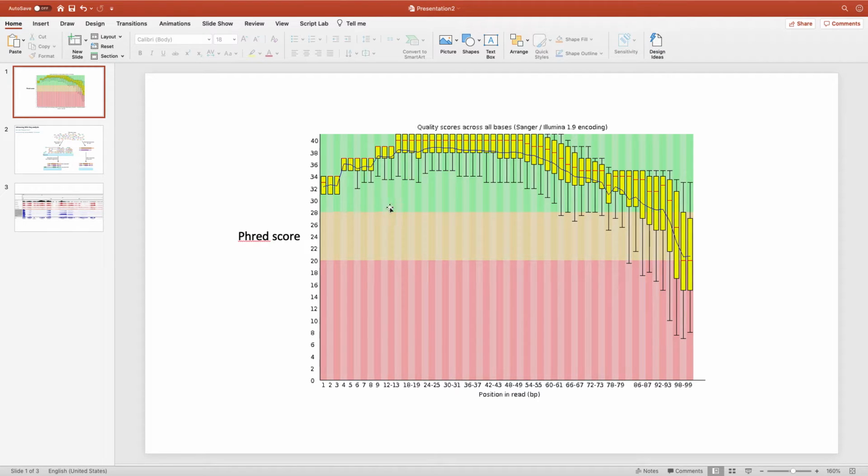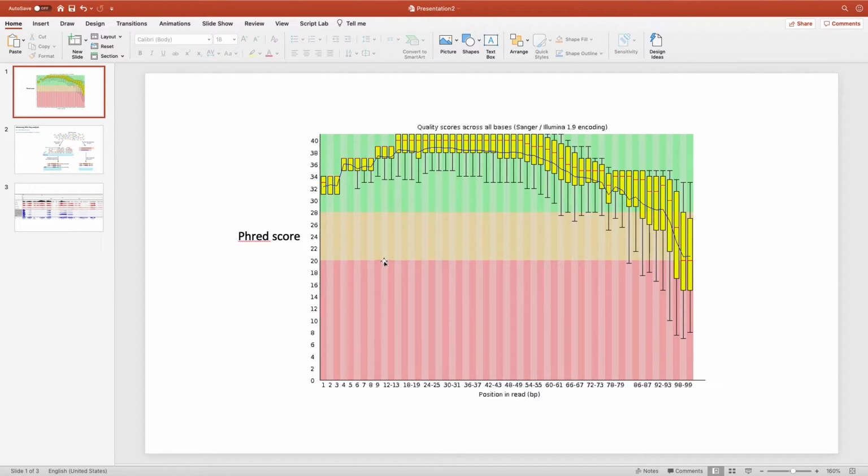You can see that this graph is divided into 3 colors: green, yellow, and pink or red here. And you're usually okay if you are anywhere above, say, 28 or 30. That's a good quality score.